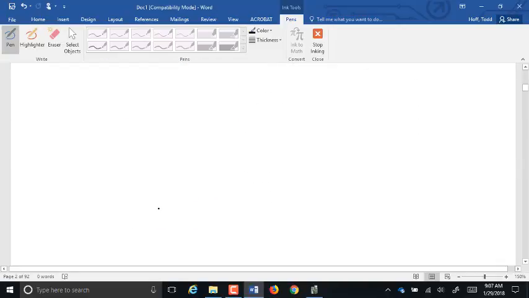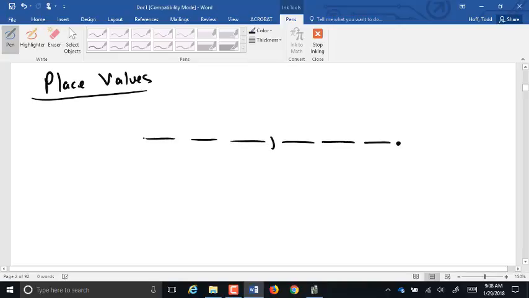Those powers of 10 have already been very relevant to some of the things we've done. Remember we looked at those place values last week? You had the ones, the tens, the hundreds, and the 1,000s, the 10,000s, and so on.